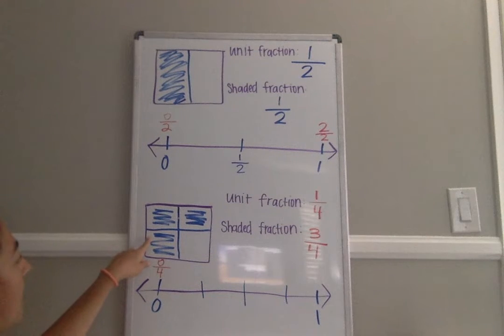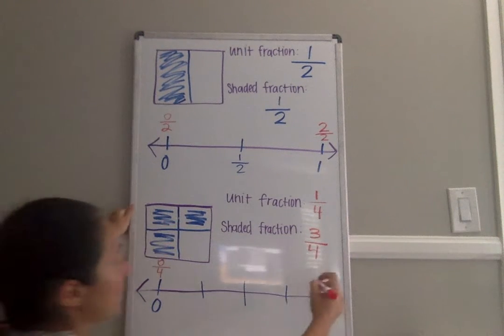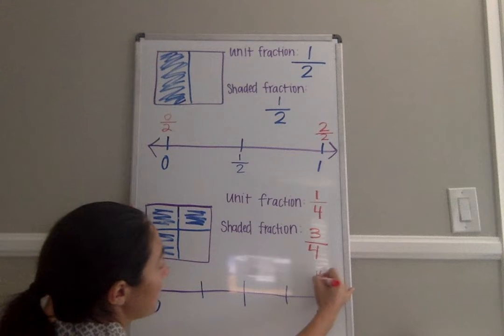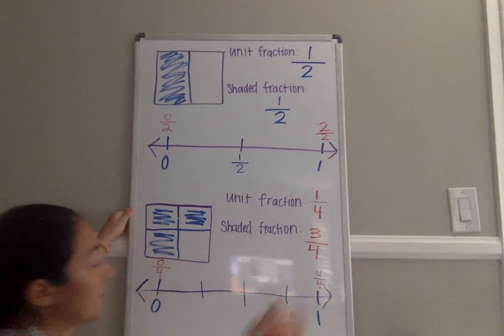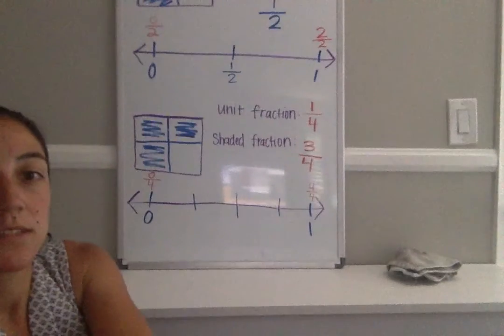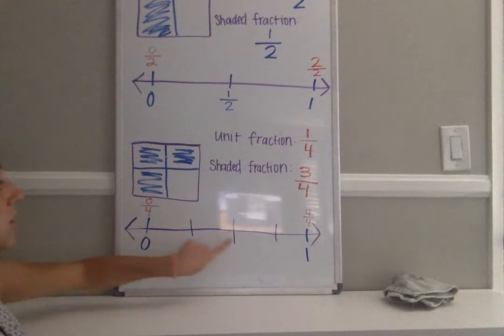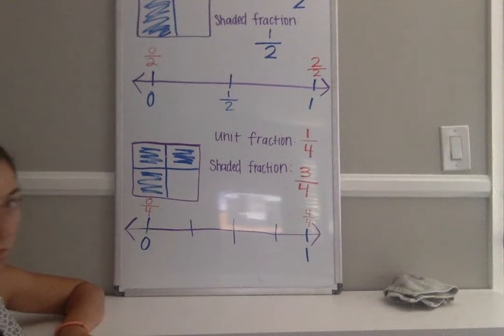Now, this whole shape is 1, there are 4 pieces here. So my fraction for 1 whole is 4 over 4, or 4 divided by 4 equals 1. So you can see. So now I have all of these other ones I need to still label.